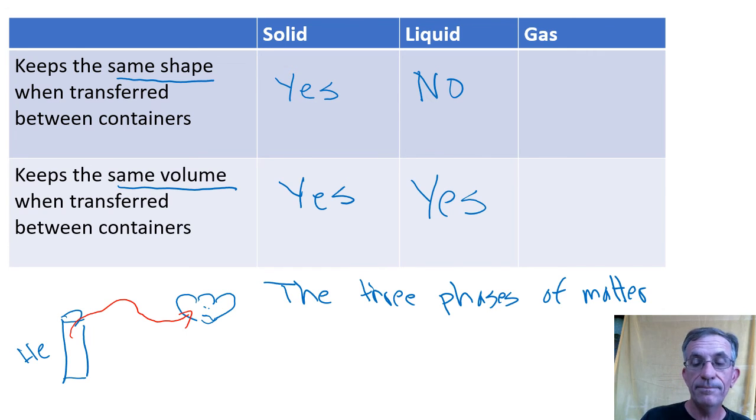So as we move things around, gases do not keep the same shape. They change shape. They match the shape of the container. Now, the other thing that's true about a gas is when we move them from one place to another, they also can change size. So if you have that tank of helium and you want to fill up a bunch of balloons, you can do that.